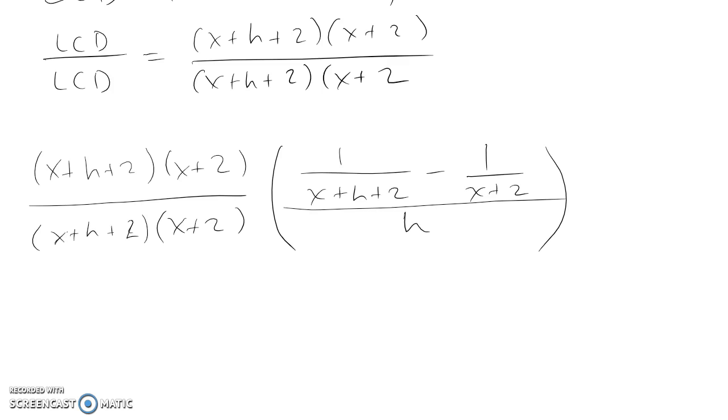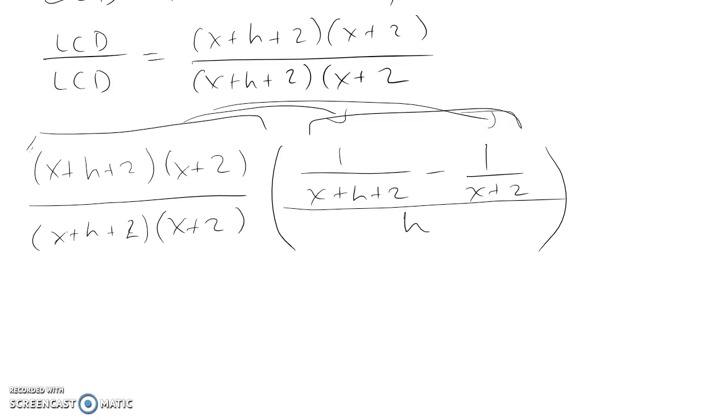Because I'm multiplying two factors here times two terms in this numerator, the factor is going to get distributed to both of these terms.